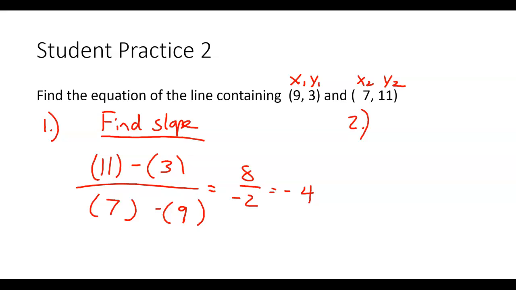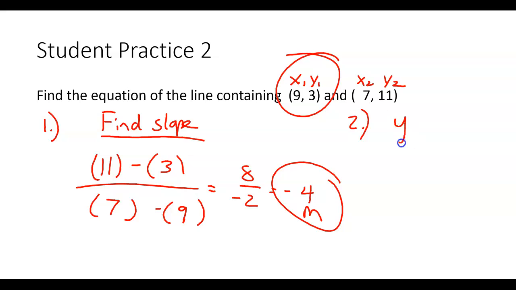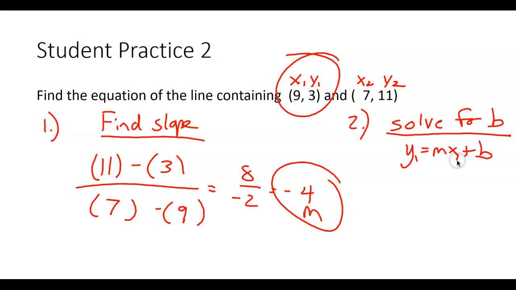So we're working on step 2 now. That's where you're going to plug in these numbers, X1 and Y1, and this number, that's M. You're going to plug those in and you're going to solve for B. Solve for B. You're plugging it into this now.